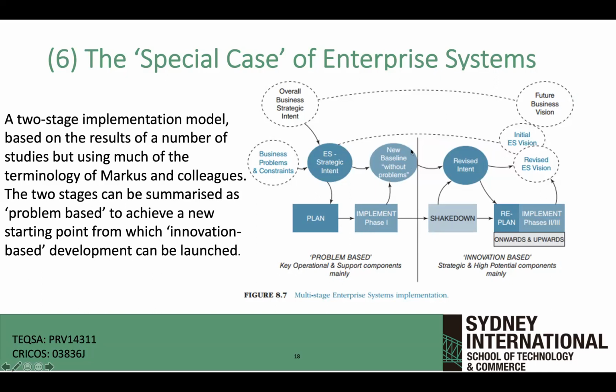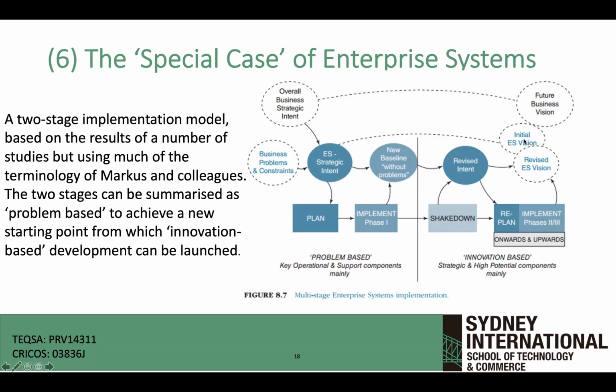And we have a new baseline, a new system that is implemented, that is working fine, and does not have any issue that we need to be aware of. Now you implement that, it's working well, but the environment changes. So your job is to change accordingly with what is changing in the environment. So you have a future vision, you have things that are changing. If there is a future business vision, if there are changes, I need to revise my executive enterprise system vision.